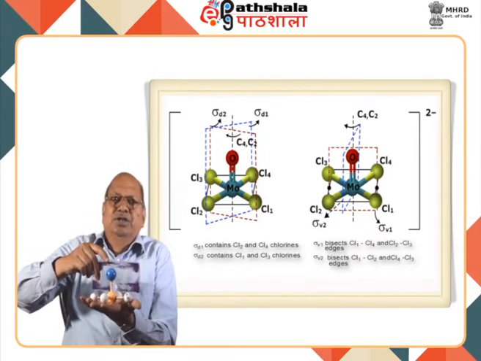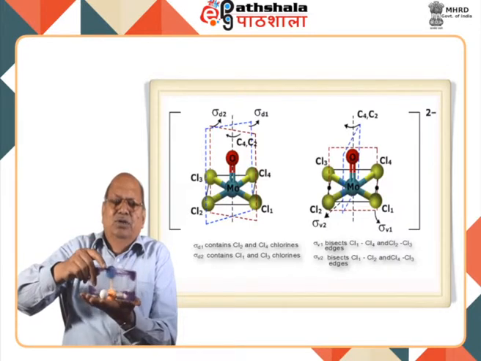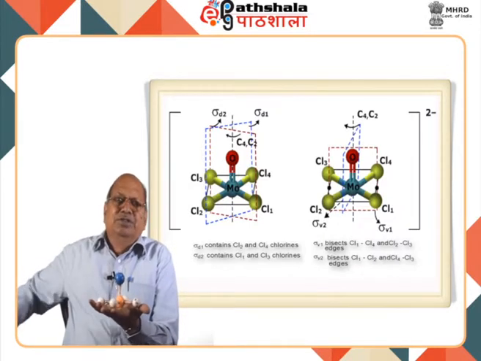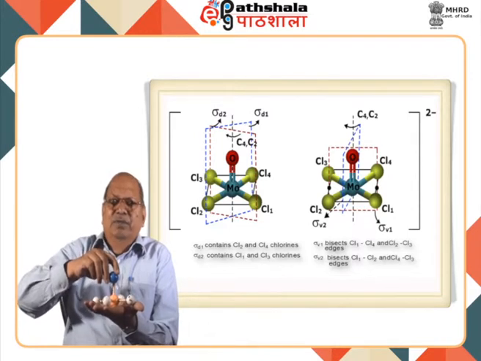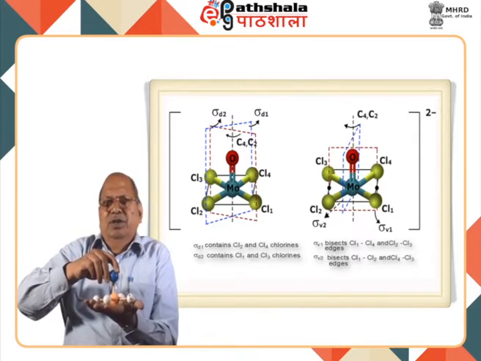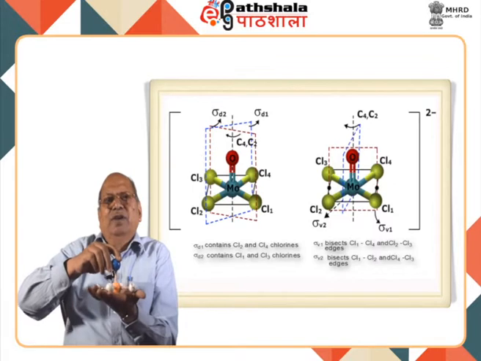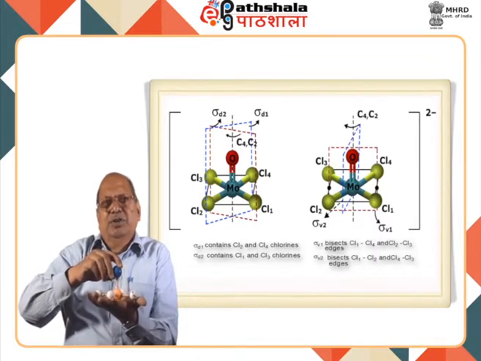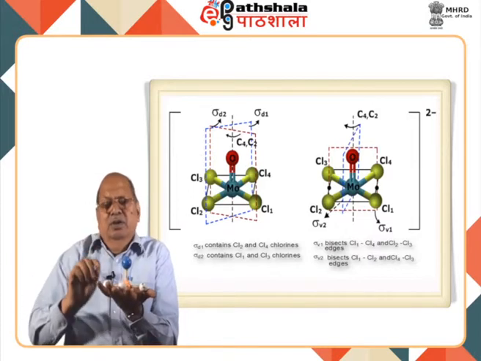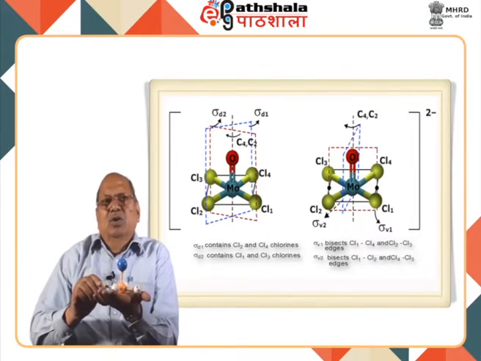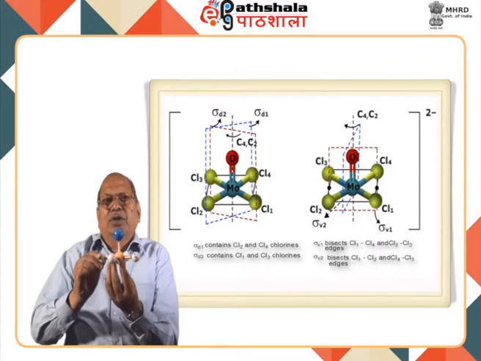So, it has sigma V and sigma D. So, it has a C4 axis, it has sigma V, it has sigma D, and we will see the effect of various symmetry operations of the C4V point group on the s orbital on each and every chlorine atom.